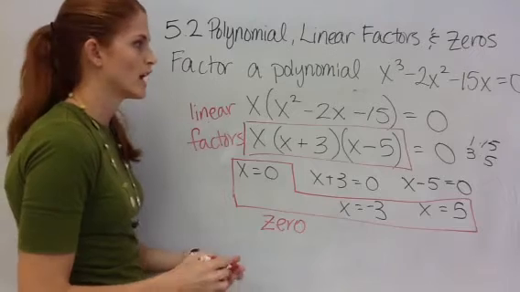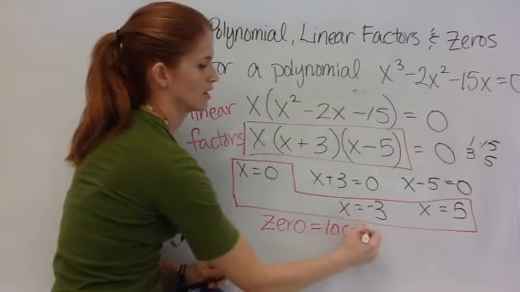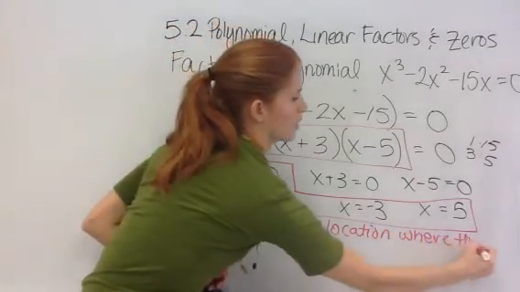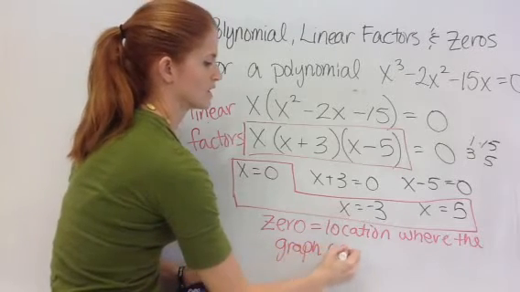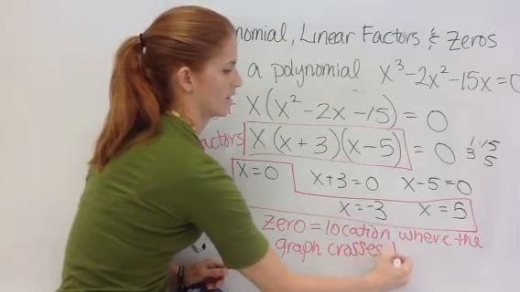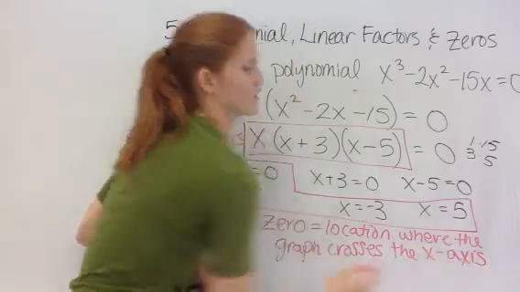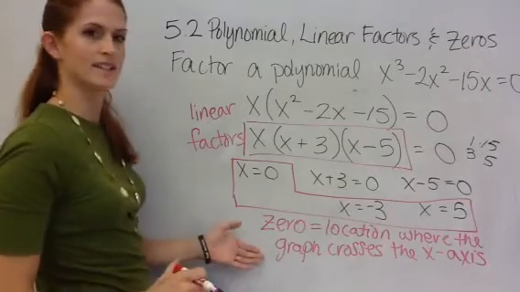A 0 for a polynomial is the location where the graph crosses the x-axis. So the 0 for a polynomial is a location where the graph crosses the x-axis.